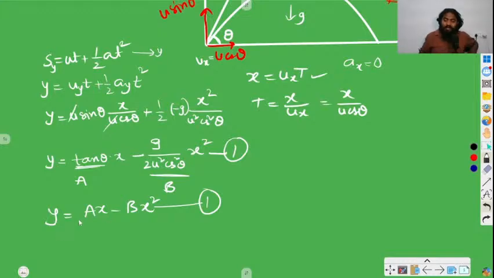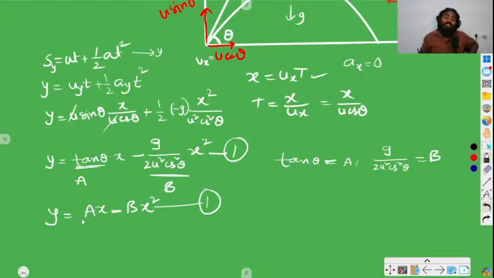So now here, if I take tan theta is equal to a, and g by 2u square cos square theta as b, then the equation will turn into y is equal to ax minus bx square. Here we are getting minus bx square, which means it is representing the reverse parabola.